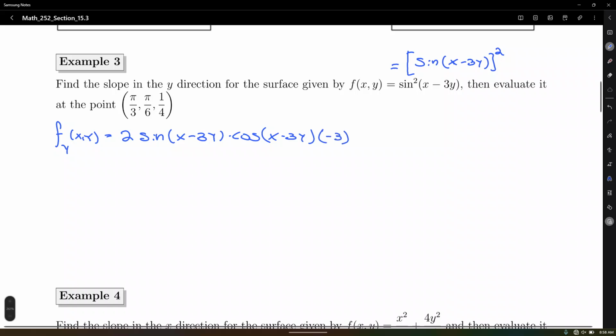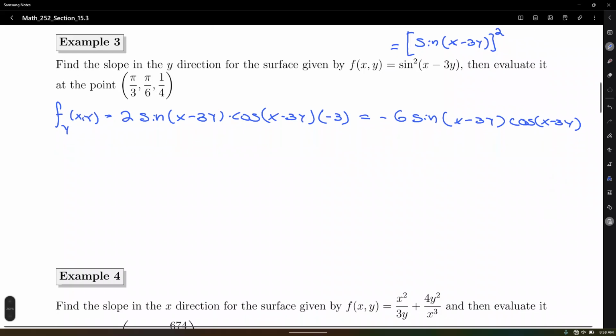Right? That's our chain rule here in action for a function of two variables. So let's simplify this. That equals -6 sine of x minus 3y cosine of x minus 3y. All right? So we have the derivative.